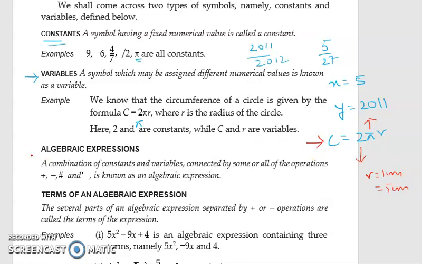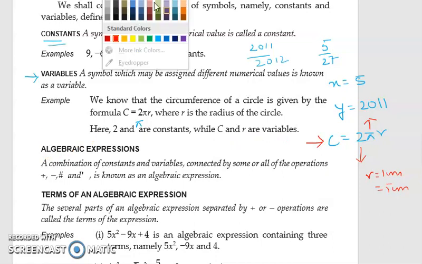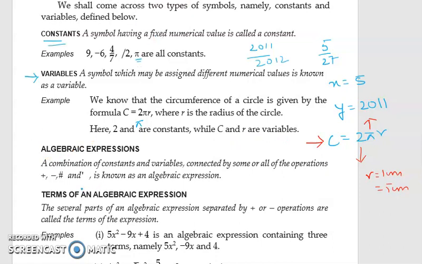Now come to algebraic expressions. What are algebraic expressions? A combination of constants and variables connected by some or all of the operations. What are these operations? Addition, subtraction, multiplication and division.